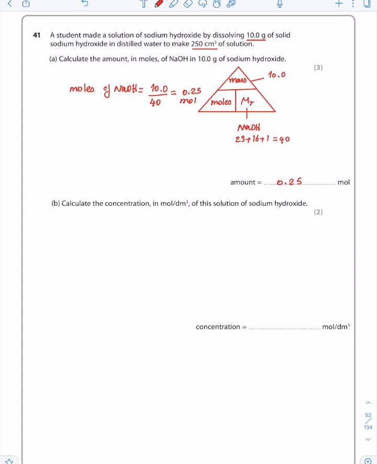B. Calculate the concentration mole per cubic decimeter of this solution of sodium hydroxide. فهنكتب قانون concentration.